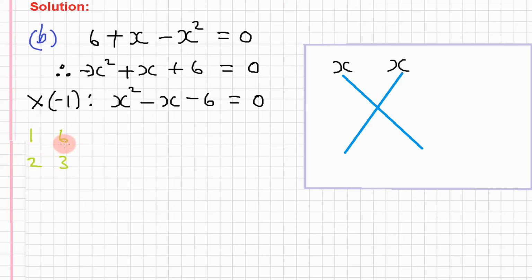The sum of 1 and 6 is 7, which isn't 1, which is the coefficient of the middle term. And the difference between 1 and 6 is 5, which is also not 1. So we won't use 1 and 6. Then the sum of 2 and 3 is 5, which isn't 1. But the difference between 2 and 3 is 1. So we're going to use 2 and 3.